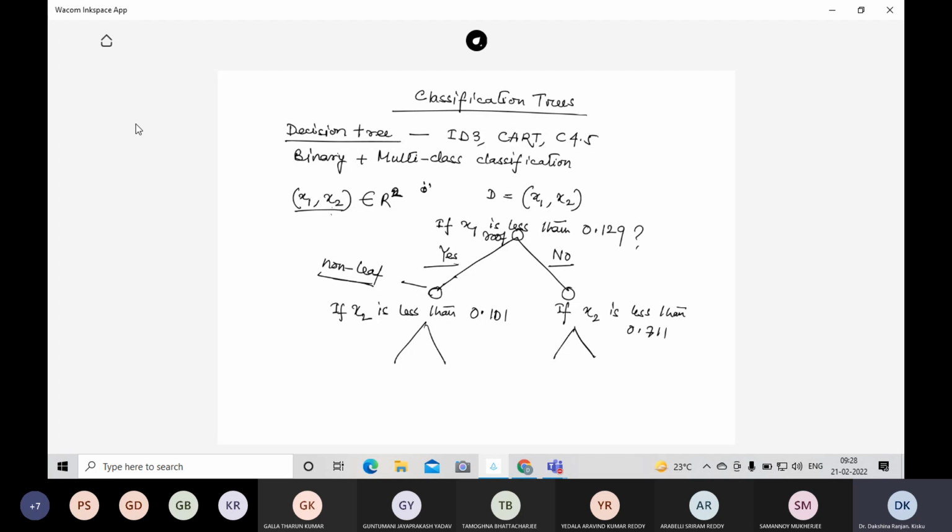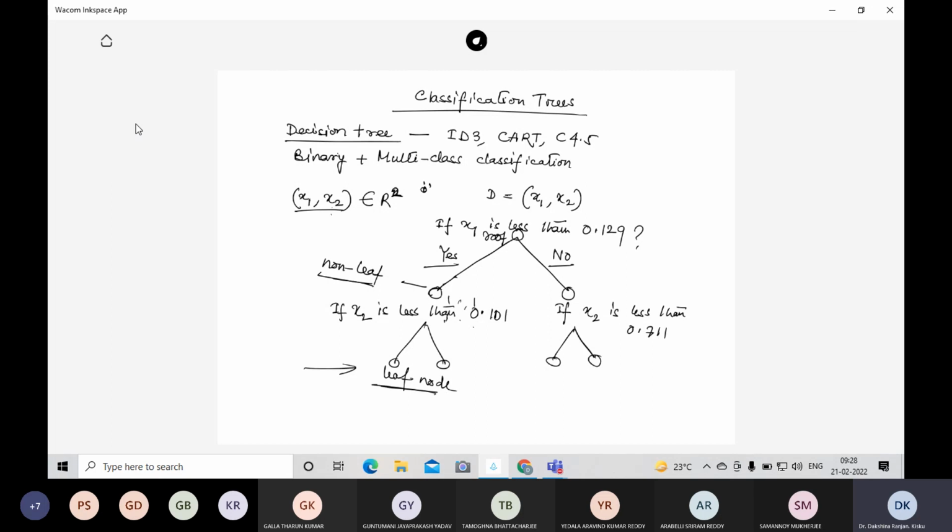Now let us consider that at this level there is no further splitting of the data coming out from this non-leaf node, and here we are getting the leaf nodes. So here all the nodes are found to be leaf nodes at this level. We may have n number of levels in this classification tree.